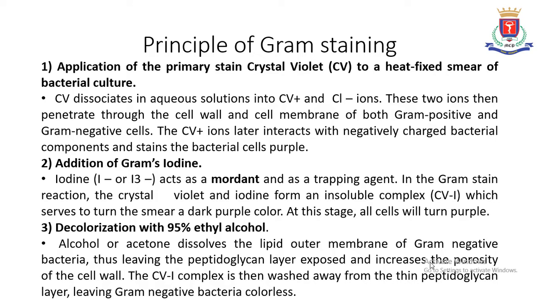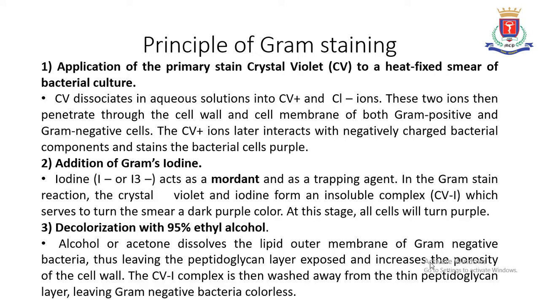In the gram stain reaction, the crystal violet and iodine form an insoluble complex, that is CV-I, which serves to turn the smear dark purple color. At this stage, all cells will turn purple.